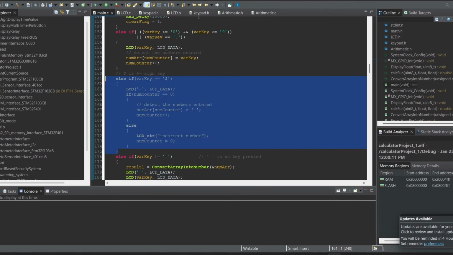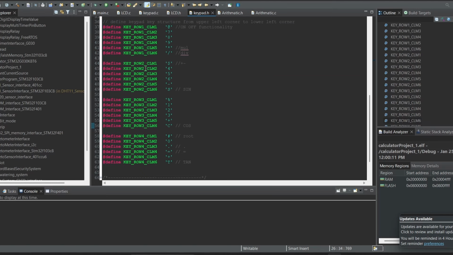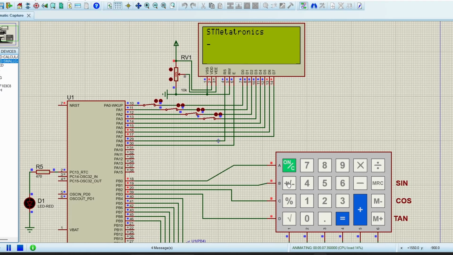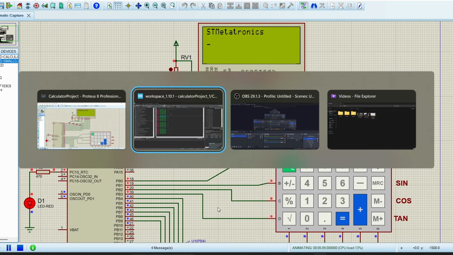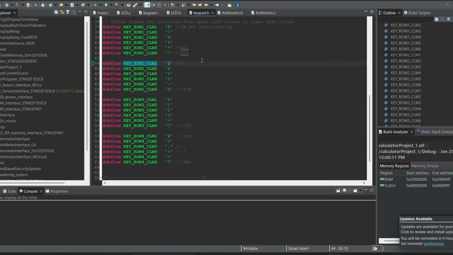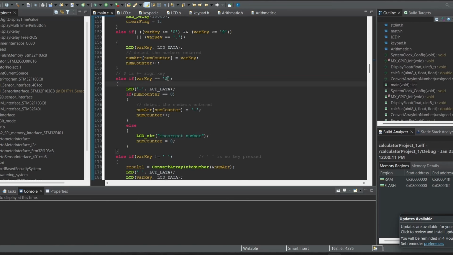So we need to check that it is correctly implemented. So row 2 column 1, that is plus minus, sign functionality. For this we are using the dollar sign. So for sign functionality we are using the dollar sign.